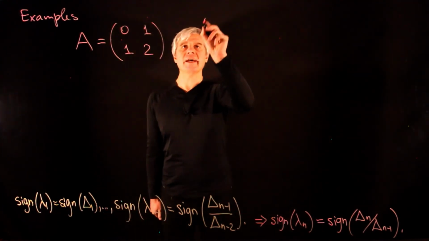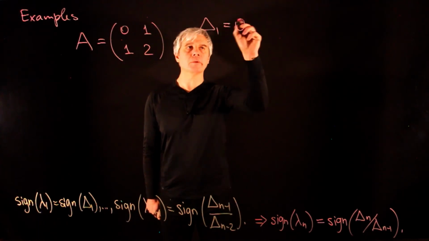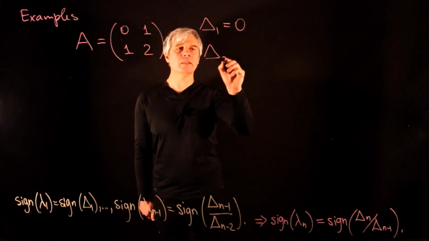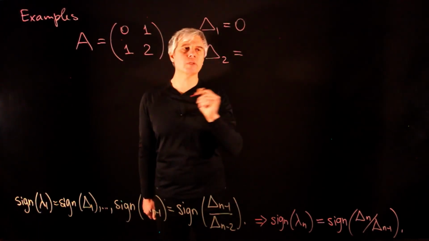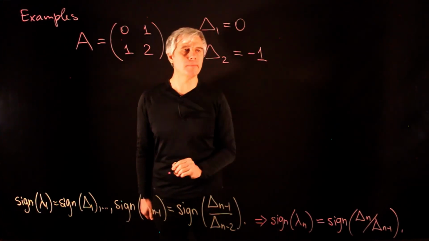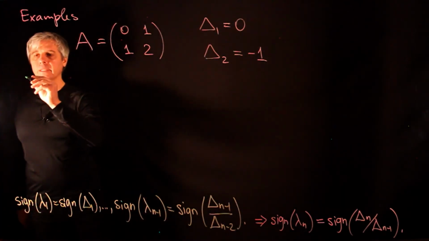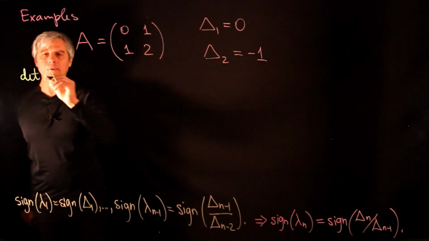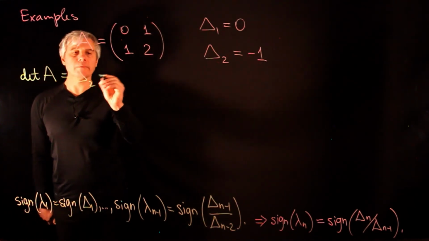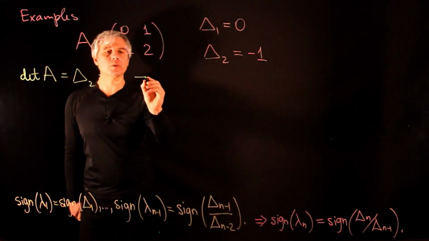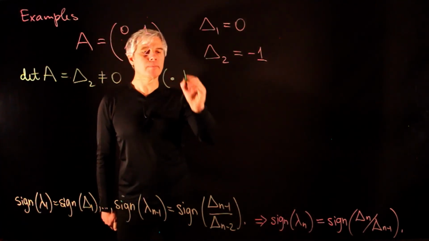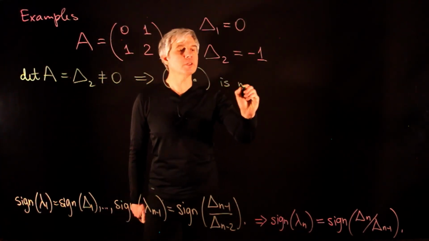Here we have that delta 1 is equal to 0, and delta 2, which is the determinant of this 2 by 2 matrix, is minus 1. Here the determinant of A, which is delta 2, is not equal to 0. So this means that this form is non-degenerate.